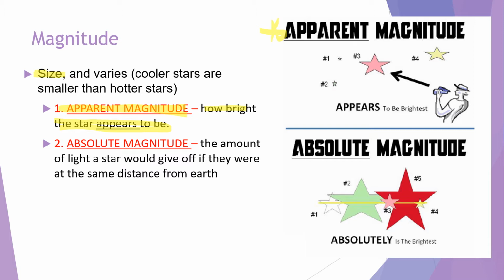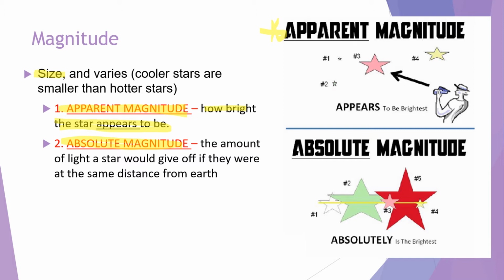So that's using apparent magnitude, whereas absolute magnitude is the amount of light a star would give off if they were at the same distance from the Earth. Okay, so this is like looking at the same 4 stars, but making sure that they're all at the exact same distance from the Earth and then comparing them.